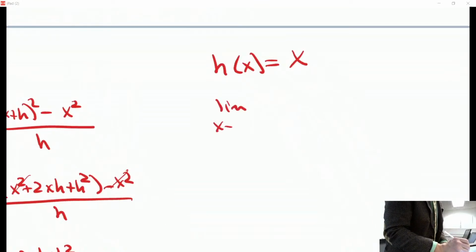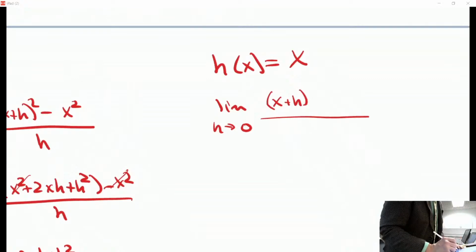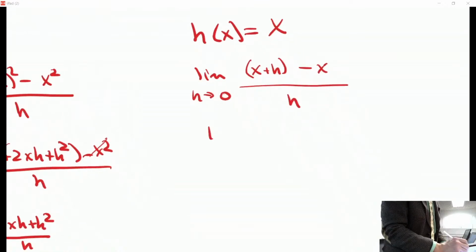Limit as h approaches 0 of, and unfortunately that's h of x plus h, so I chose poorly for my function name, but it's going to be x plus h minus x over h. This one's so simple you could probably do it in your head.